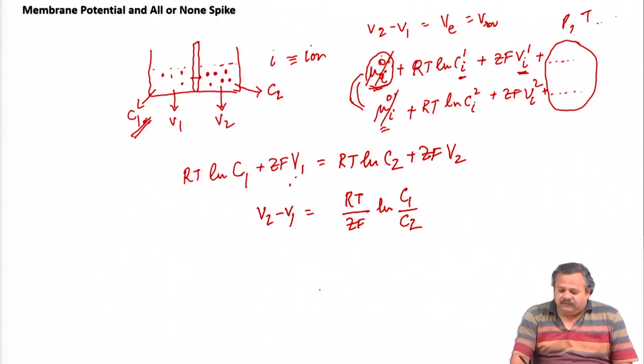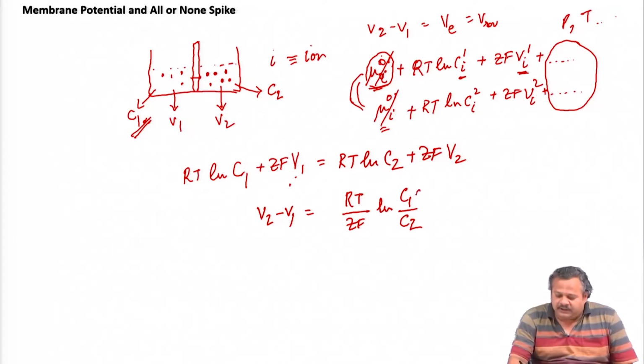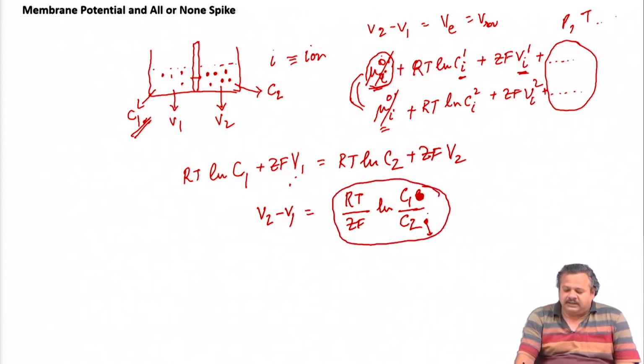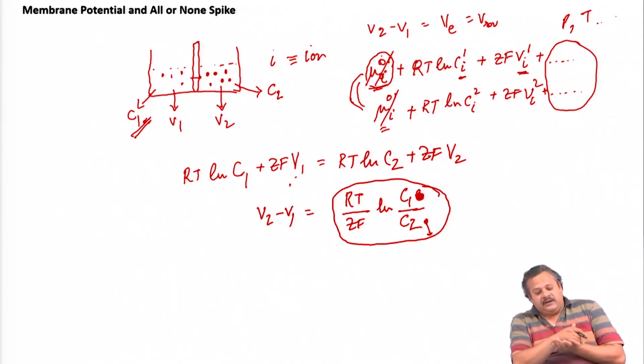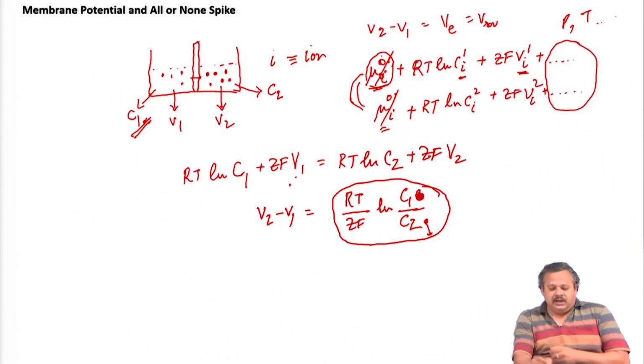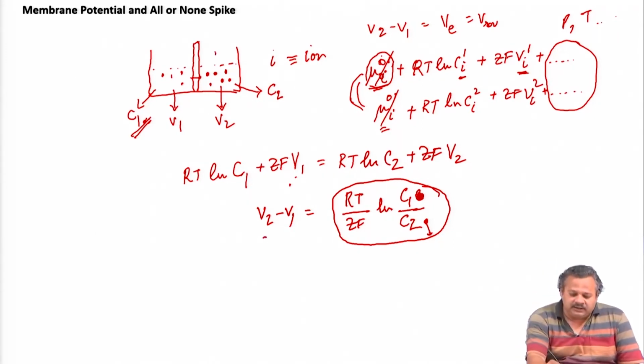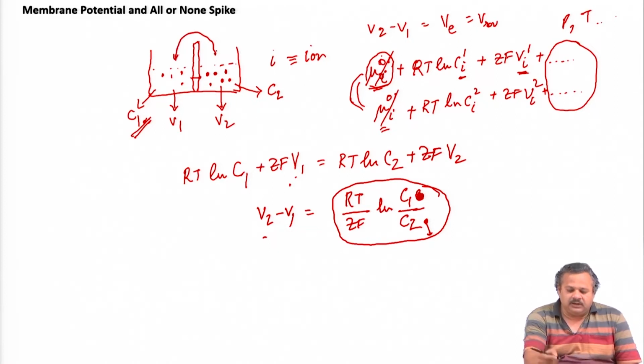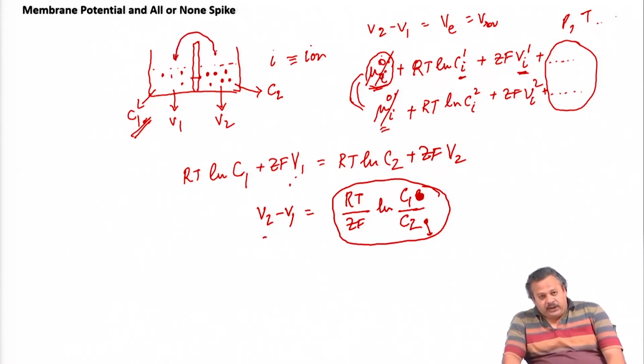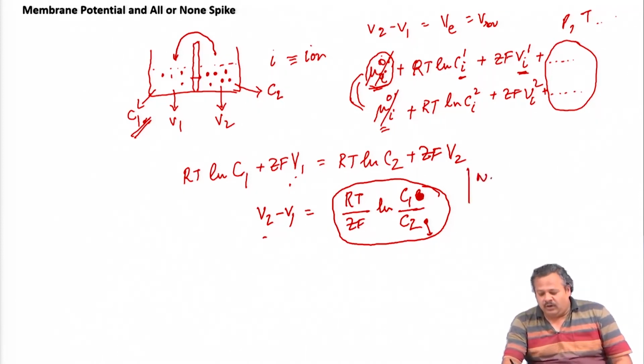If we have a particular concentration of an ion as C1 on one side and C2 on the other side, then the right hand side of this equation provides us the difference in the potential on the two sides, that is V2 minus V1, at which the ion will be at equilibrium, and so there will be no net current flow across the membrane.